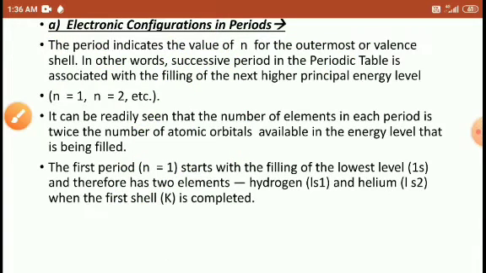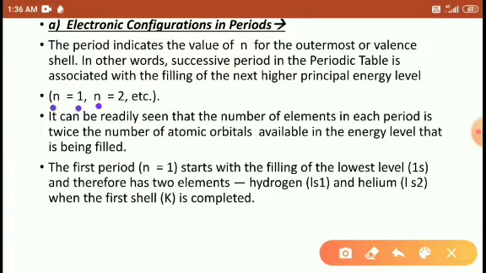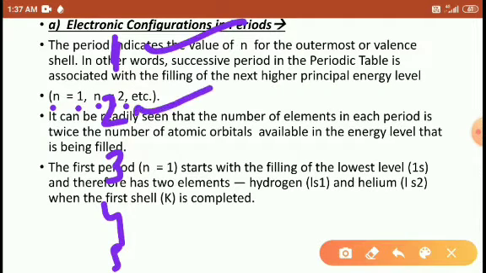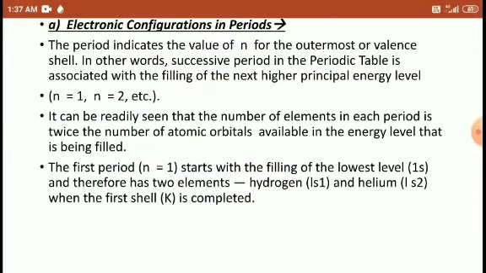So as the energy increases from top to bottom, the energy level goes on increasing: first energy level, second energy level, third, fourth, fifth, sixth, seventh, etc. And the period also indicates the outermost electron, that is the valence electrons, right students?